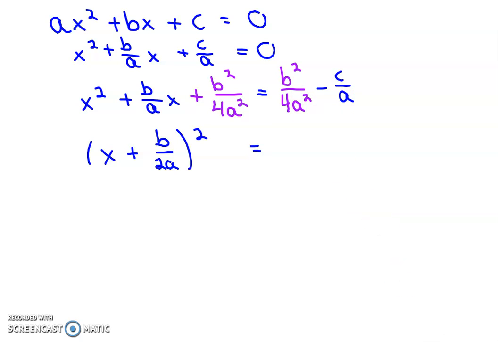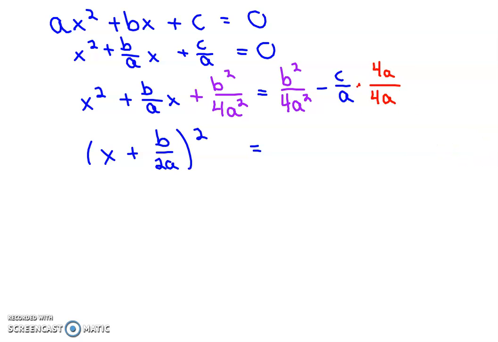Okay, so if you don't mind, I'm going to multiply this fraction, c over a, by 4a on top and bottom. Okay? And the reason I did that is because I wanted to have a fraction that had 4a squared in here. This had an a, but it didn't have a 4, and it didn't have an a squared. So I multiplied it by 4, and I multiplied by another a, so I get a squared. And of course, I had to put the same thing on top of the fraction. Okay?